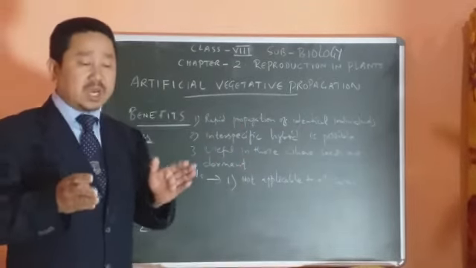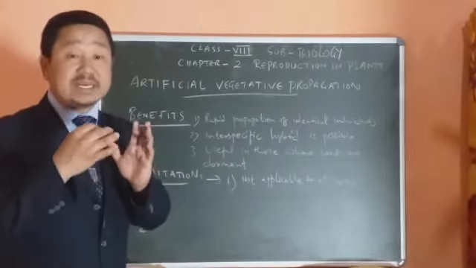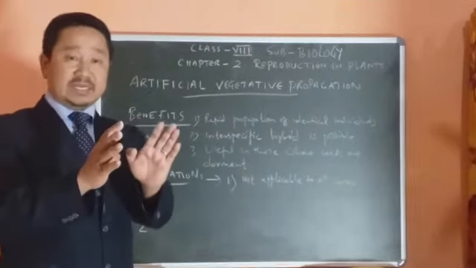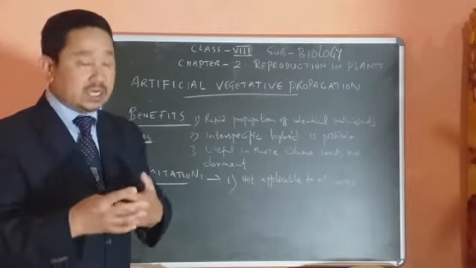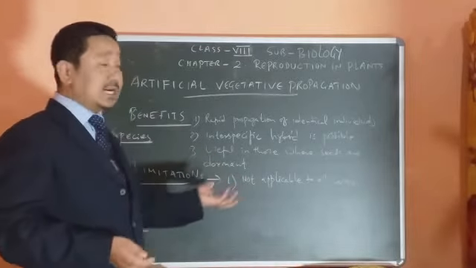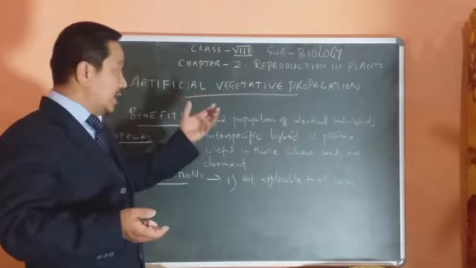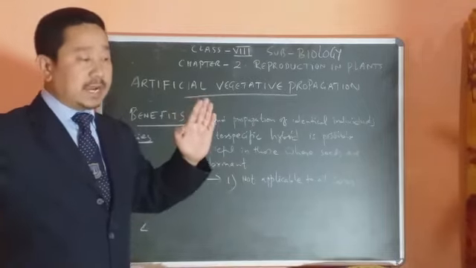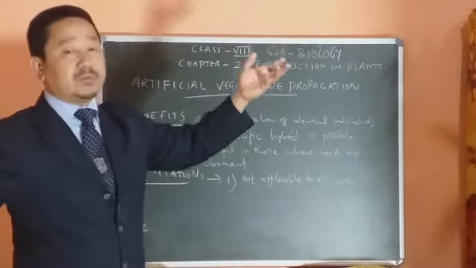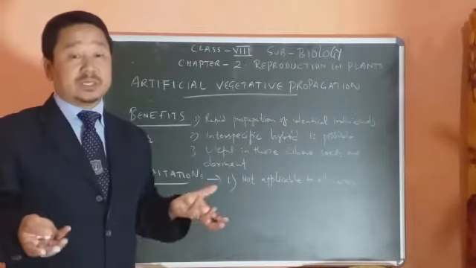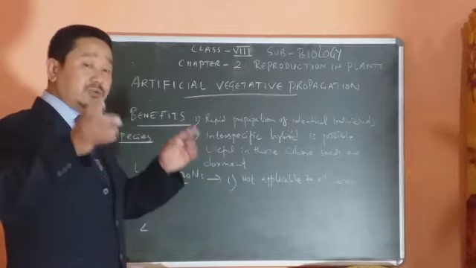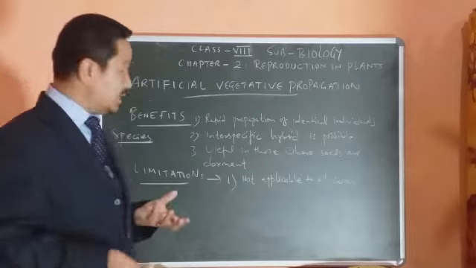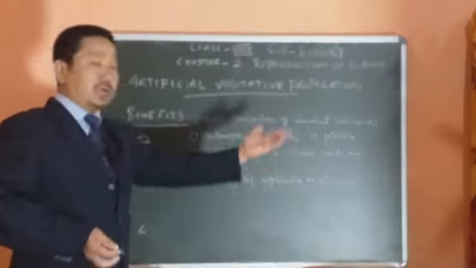You need to know where the genetic compatibility is there, which species are closely related. Then only it is possible. If you just cross one type of plant with another species, maybe it will not be successful. So not applicable to all cases.